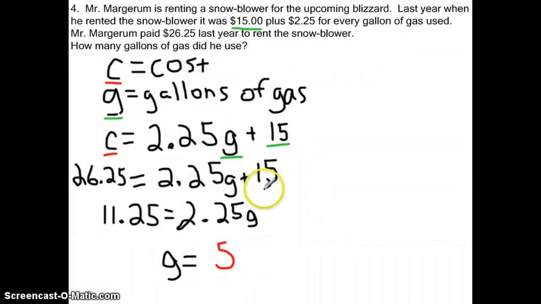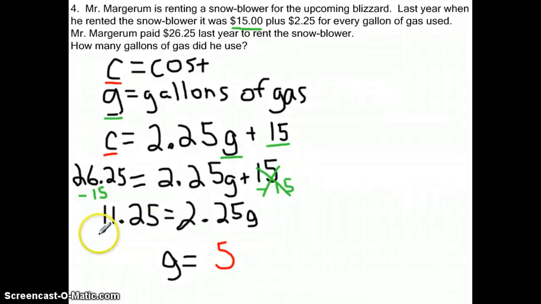So what I could do is take the price I paid, which it says is $26.25, and subtract that 15 out from that, because I know no matter what, I'm going to pay 15. So if I take $26.25, subtract out that 15, I'm left with $11.25.